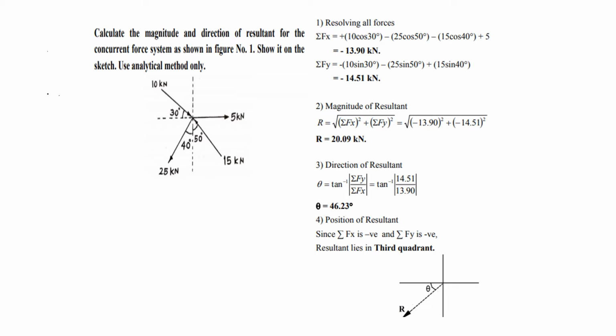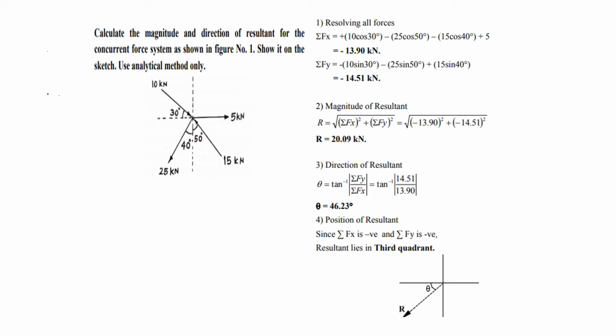For summation Fx we will take horizontal forces, that is Fx. F stands for force and x stands for x direction. So it is 10 cos 30.